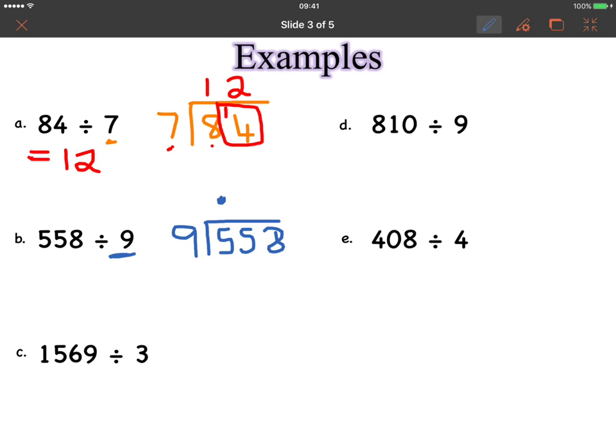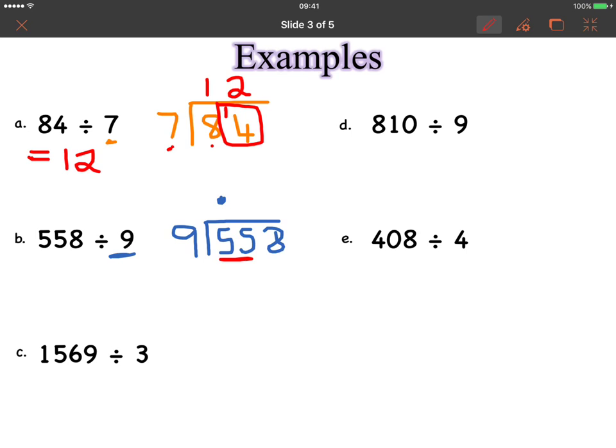And this time I'm going to look at 55. I'm going to look at the entire number because I couldn't use 9 going into 5, but I can use 9 going into 55. So if I look at my 9 times tables, then the closest I'm going to get is 9 times 6, which is 54.